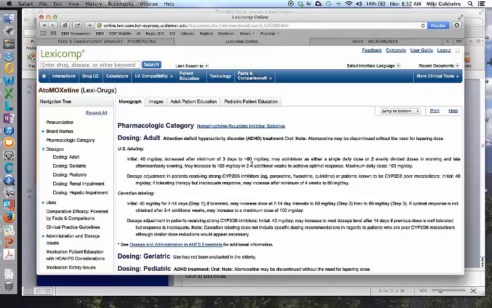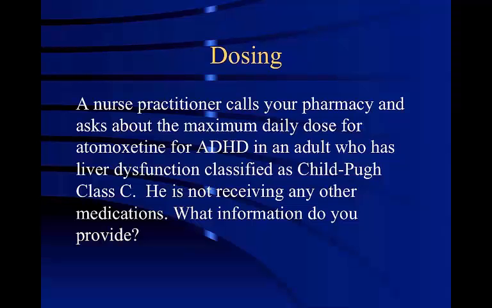May administer a single daily dose in the morning or divided. May increase to 100 milligrams per day in 2 to 4 additional weeks. Maximum daily dose is 100 milligrams. So for this patient, his maximum daily dose should be 25 milligrams.